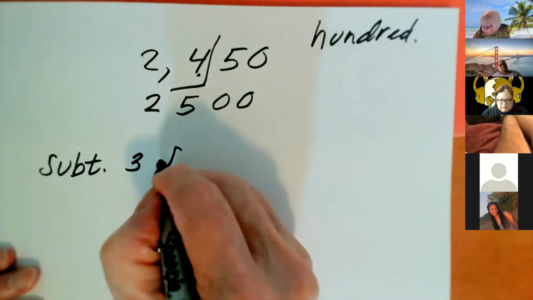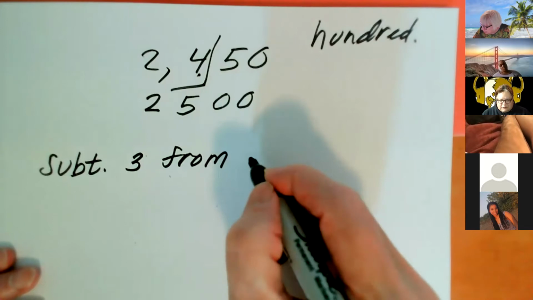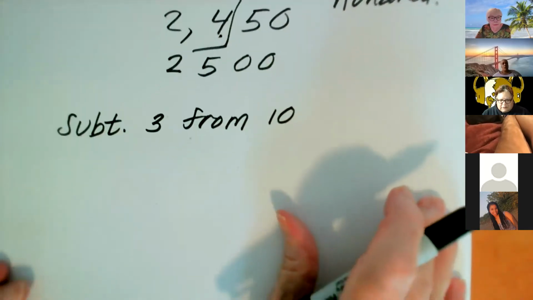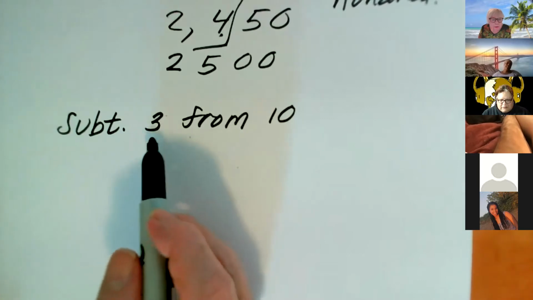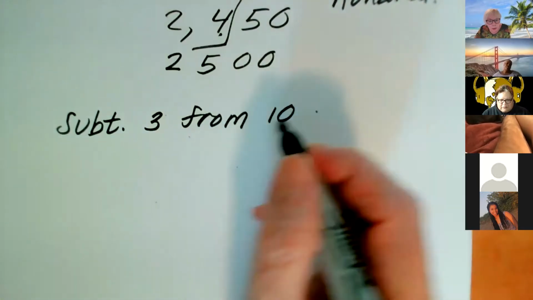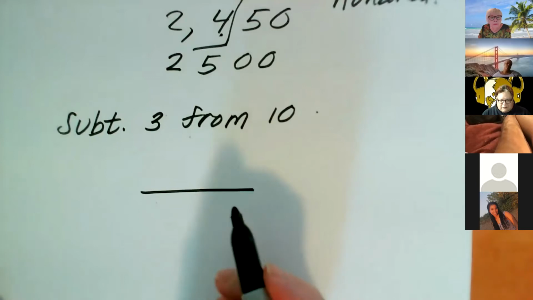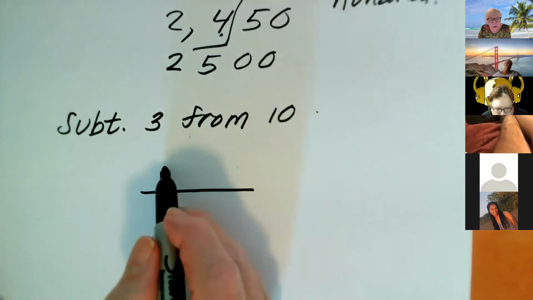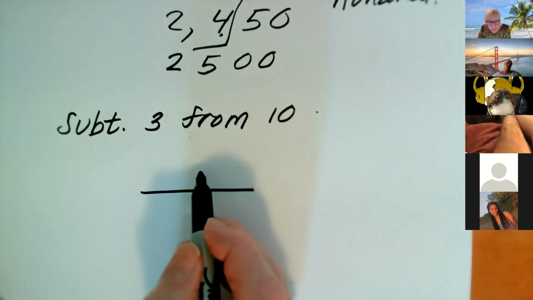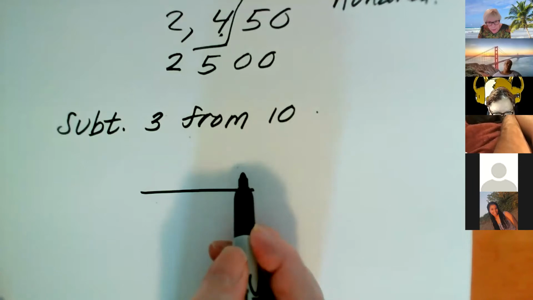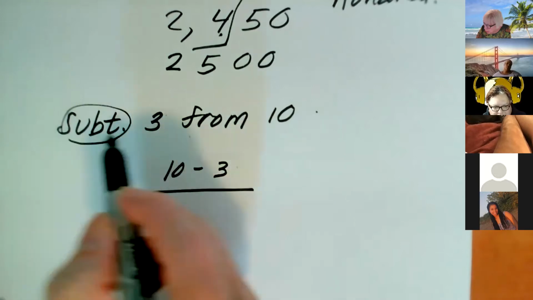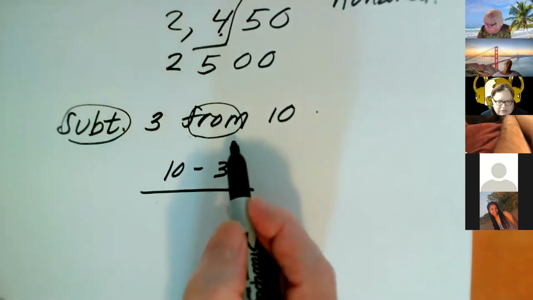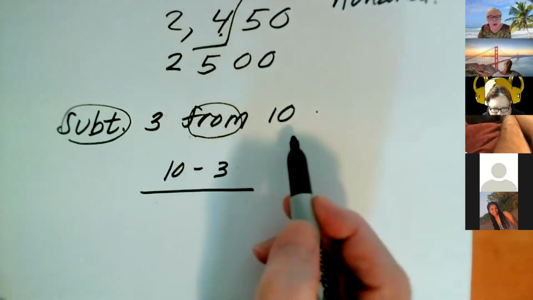Subtract 3 from 10. Now, this is translation again. This is slightly different. What is the actual problem? What goes first? It's subtract. And what goes second? 10 minus 3. And in this expression, subtract from, you're taking 3 away from this number.